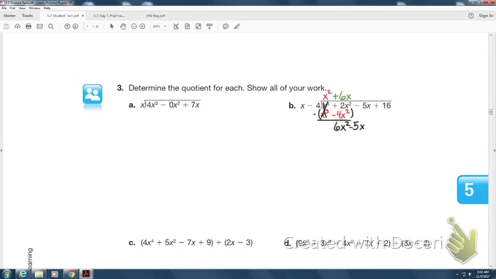Okay. 6x times x is what? 6x times negative 4 is what? I do the opposite of the operation. So my 6x squareds do what? Cancel. Negative 5x plus 24 is what? 19x.